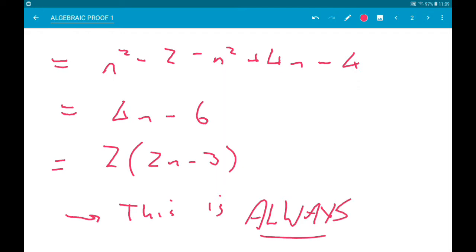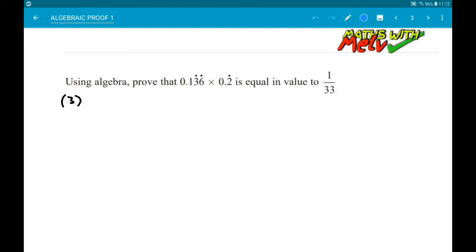In number 2, we have recurring decimals to fractions. Now this is usually a non-calc topic. The way they get around that, if they put it on a calc paper like this one was, they will say prove using algebra.